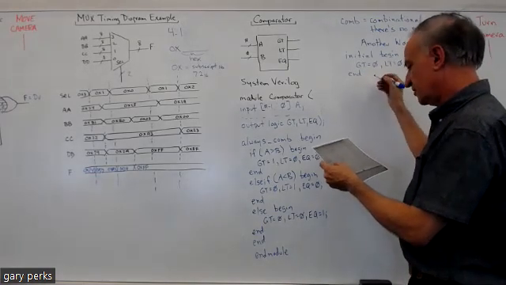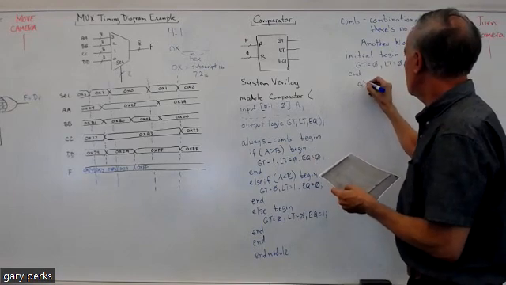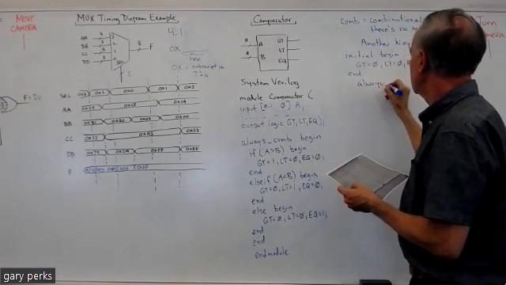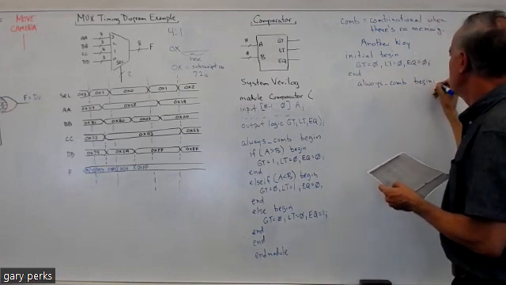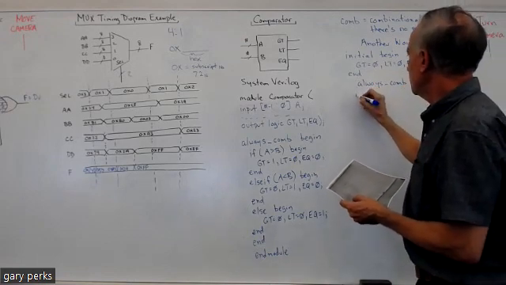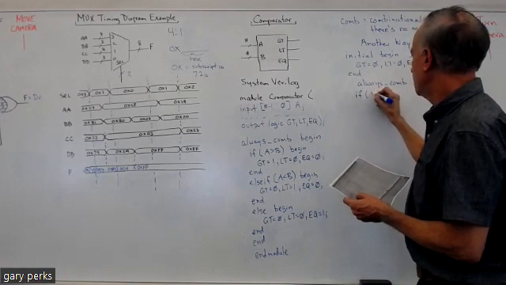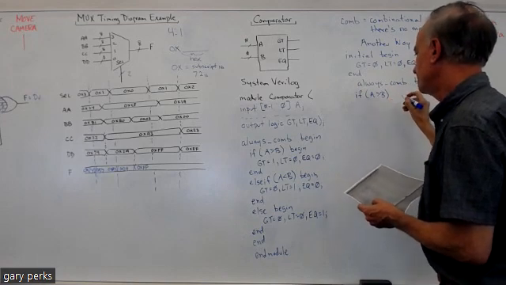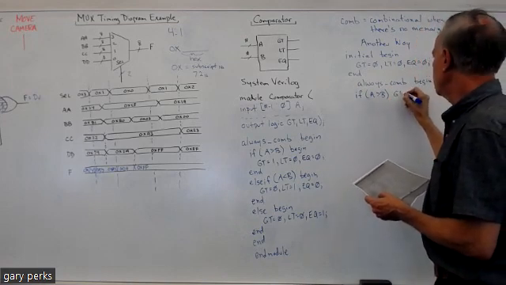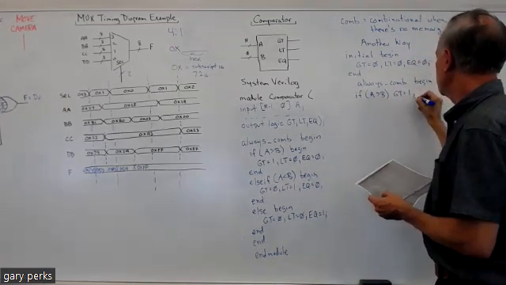You still need the always block, so always underscore block, begin. But now I can say, if A greater than B, GT equals 1.